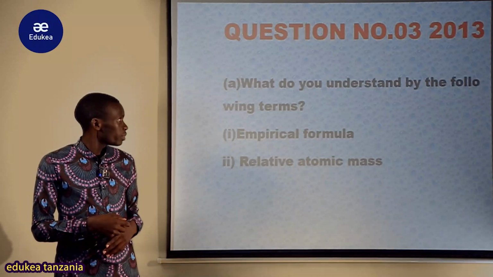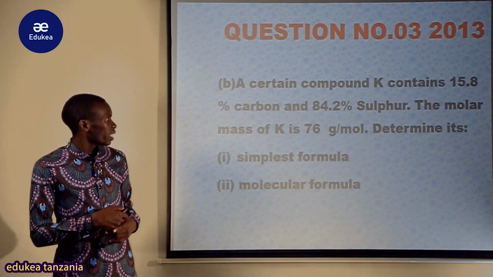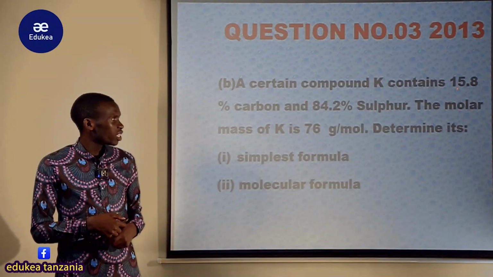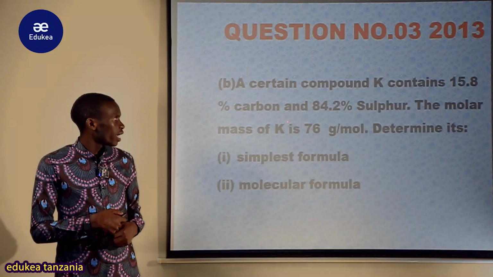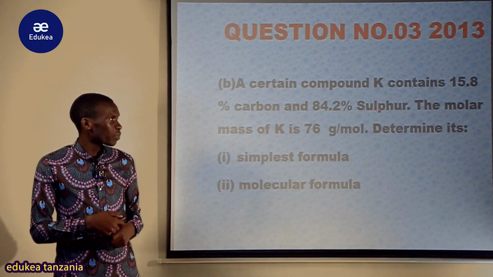And part B of the question was a calculation. A certain compound K contains 15.80% of carbon and 84.2% of sulfur.